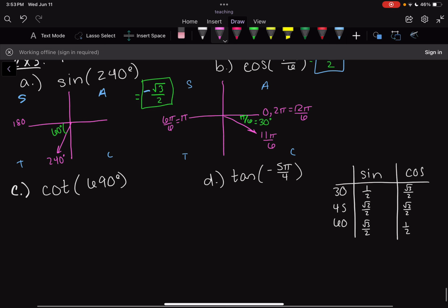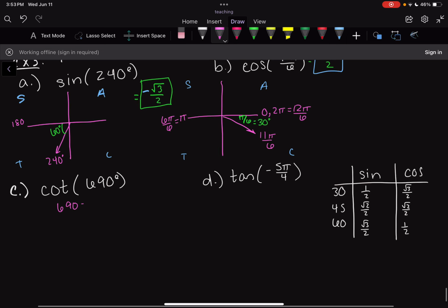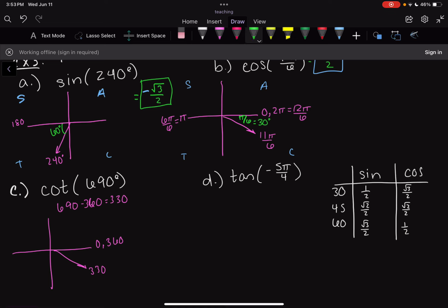So 690, we said we would do 690 minus 360, so that's 330. So that's going to be in quadrant 4. Has a reference of 30 degrees, and we discussed that already. So instead of having to think about cotangent 330, I can just think about cotangent of 30.